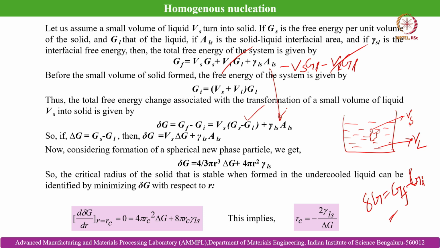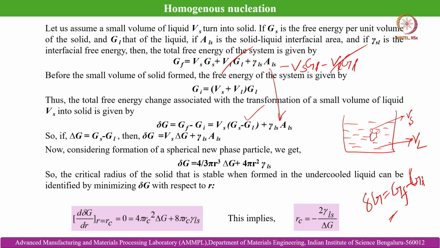Then Gs minus Gl is nothing but delta G, which we write in the next expression. So, the total free energy change, small delta G, is equal to Vs capital delta G plus gamma LS ALS.